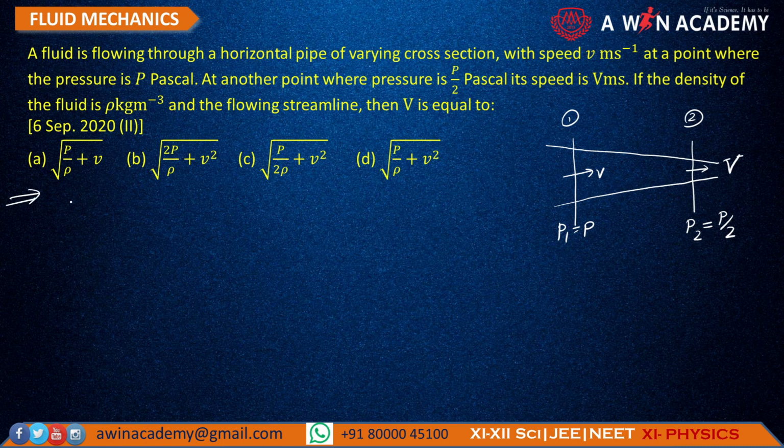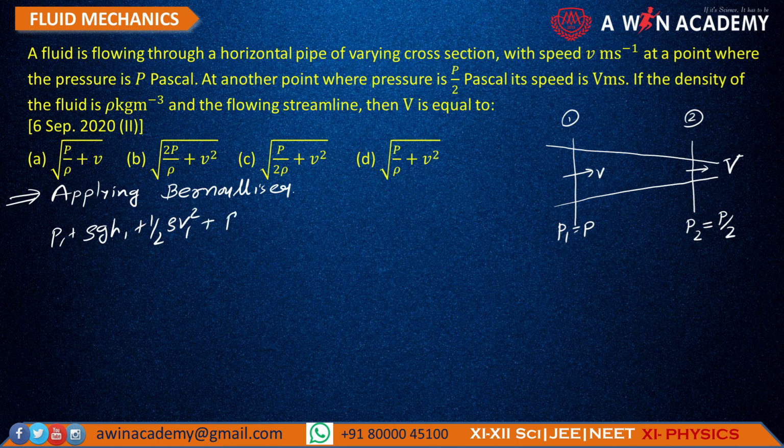Here we can use, applying Bernoulli's equation: P1 plus rho g h1 plus 1 by 2 rho v1 square equals P2 plus rho g h2 plus 1 by 2 rho v2 square.